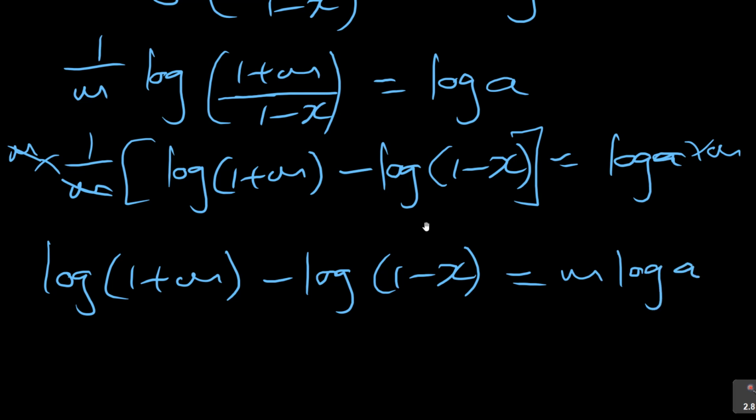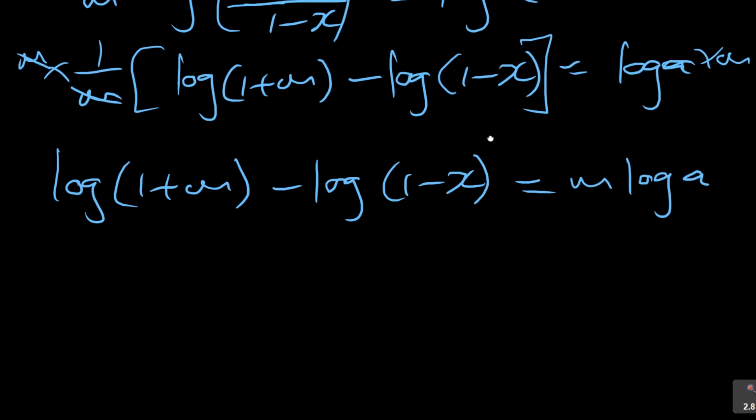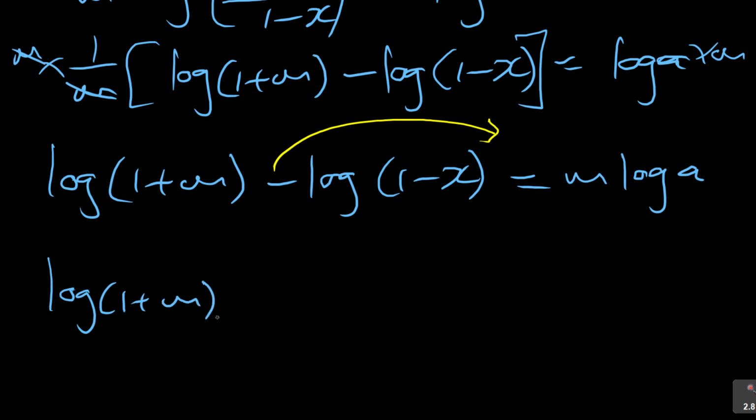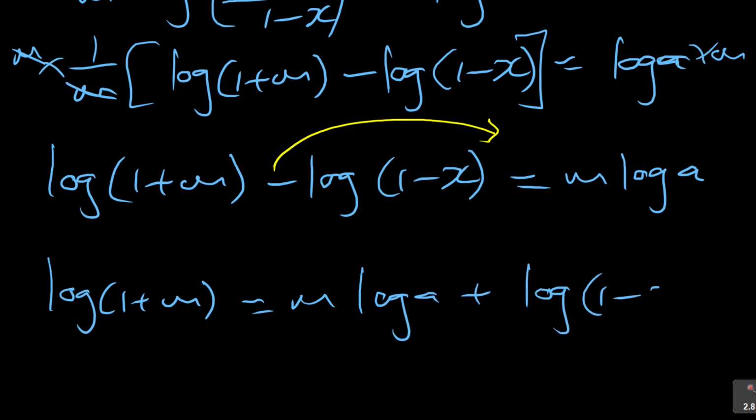Careful there, you need just to be sensitive there. And then what happens here, I need to bring these two together, the m that is inside there. Alright, now let's take negative there. This is log 1 plus m, right, is equal to m log a plus log 1 minus x.